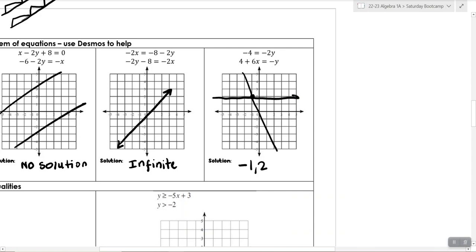I think one of them went like this or something like that. All right, so this is what it would look like when you have one solution. And I want you to be able to graph and feel comfortable with the results that you're seeing, being able to interpret them. It's what I told you. Desmos will graph it for you, but Desmos won't tell you anything else. You still have to have the knowledge to get it.